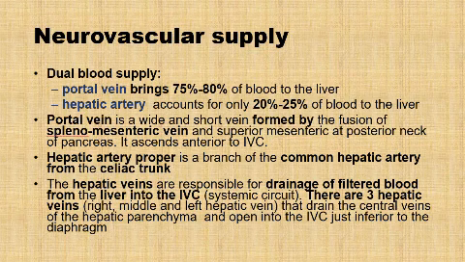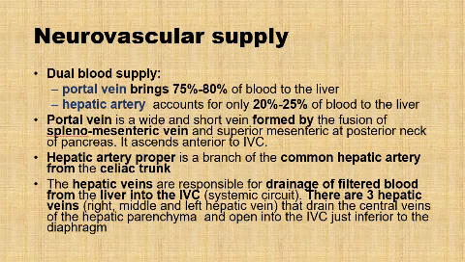Regarding the drainage, the liver is drained by hepatic veins. There are three: right, middle, and left. They drain the filtered and detoxified blood from the liver into the inferior vena cava and continue into the system to the heart.